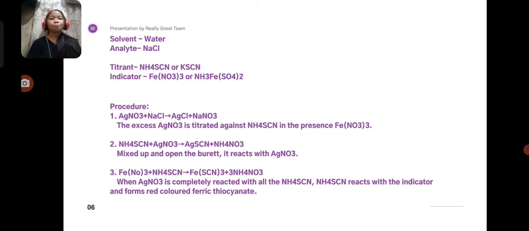Once the red-colored ferric thiocyanate forms from the reaction of ferric nitrate and NH4SCN, we have attained our endpoint. It has really reached the endpoint.